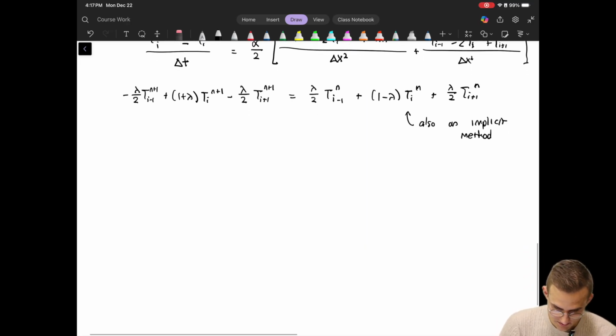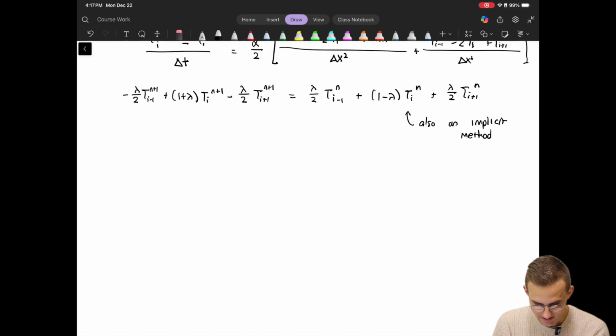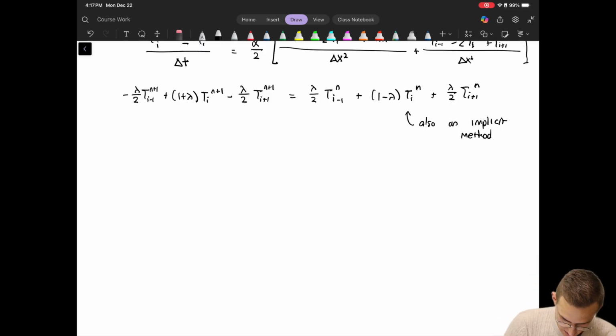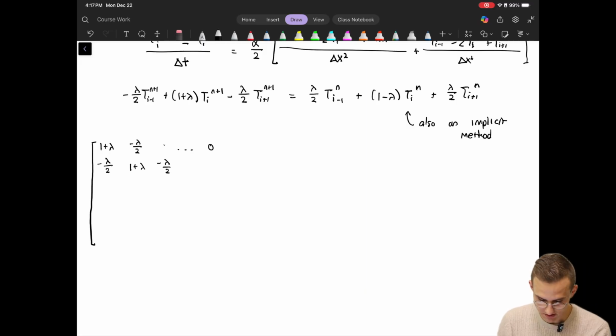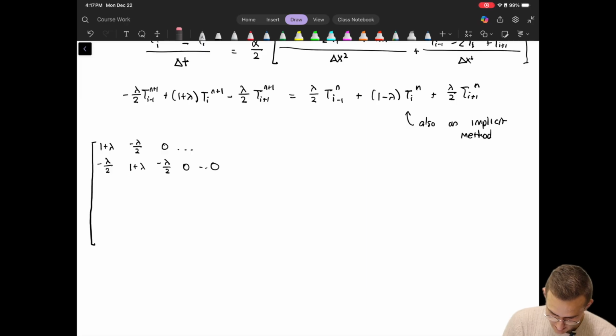So let's go ahead and see what the overall matrix structure is going to look like. So this time we have 1 plus lambda on the diagonal, and then minus lambda over 2 off the diagonal, then zeros, and that continues over here. The second row is minus lambda over 2, 1 plus lambda, minus lambda over 2, then zeros to the end of the matrix.